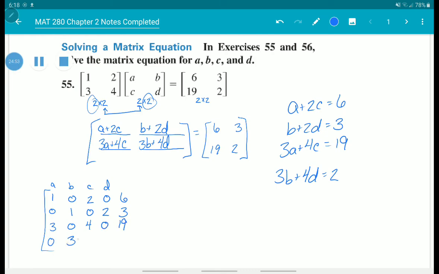And fourth. This is where you may want to pause the video if you want to try doing Gaussian and Gauss-Jordan elimination. See if you can come up with the solution.